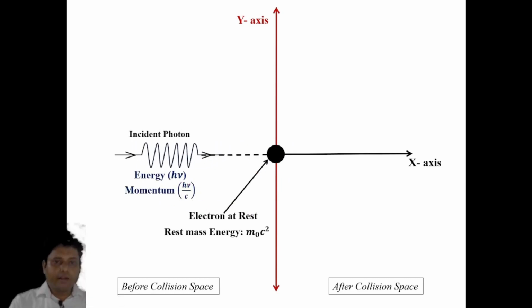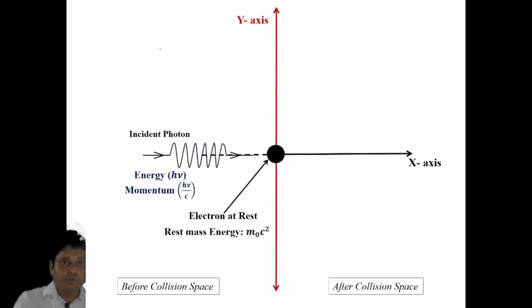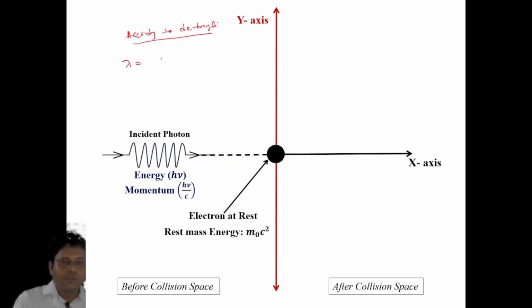Now consider a photon incident on this electron having energy h mu or momentum h mu by c. Momentum, how it will be h mu by c, here I am going to explain. We know according to de Broglie, matter wave having the wavelength is h by p. P is the momentum, h is the Planck constant.